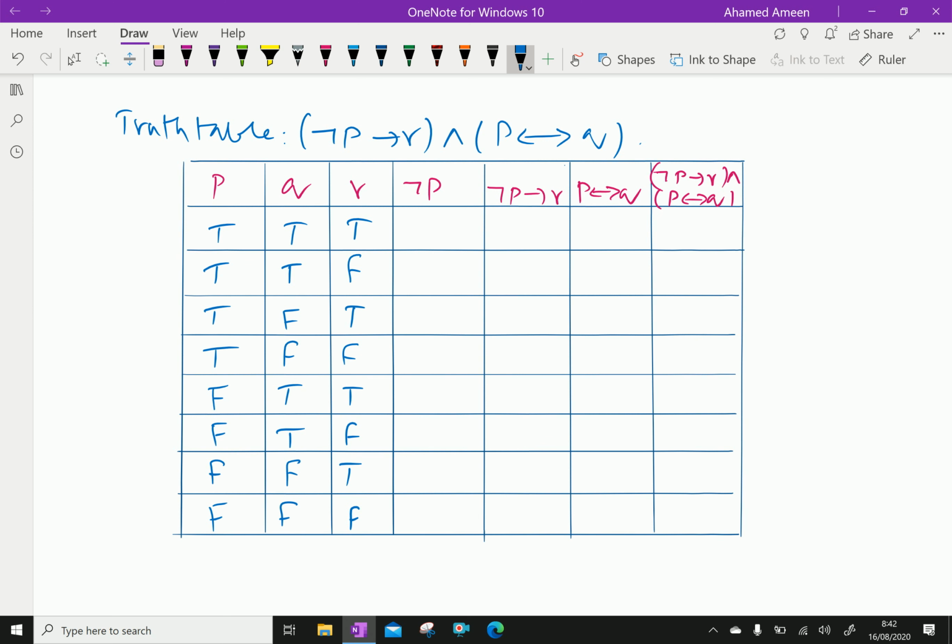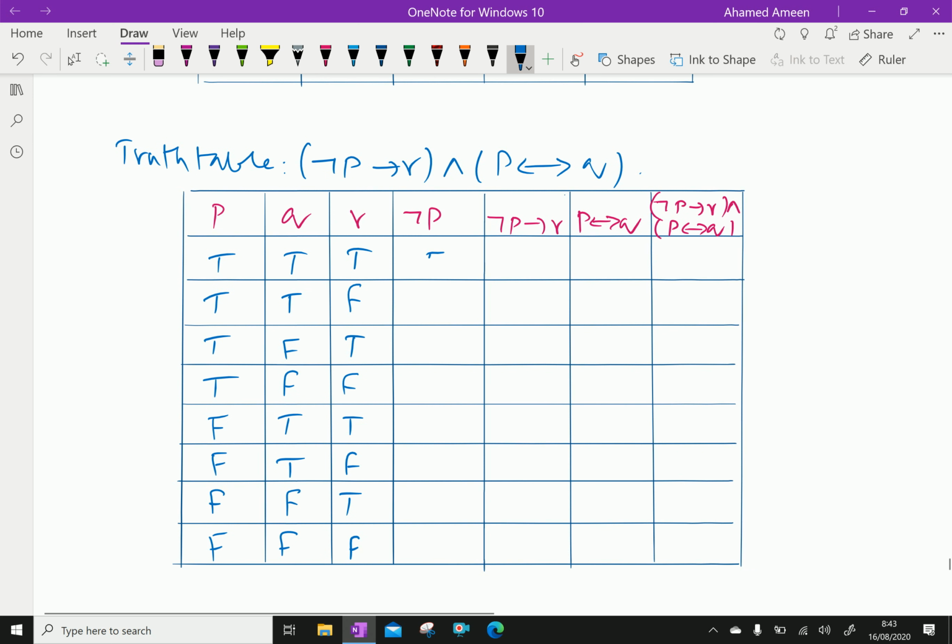Now first we have to negate P. Negate P means we negate this column: false, false, false, false, true, true, true, true.